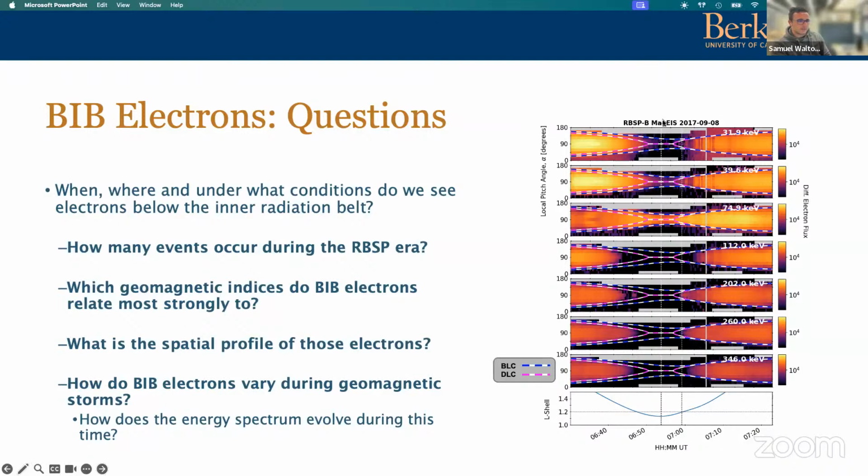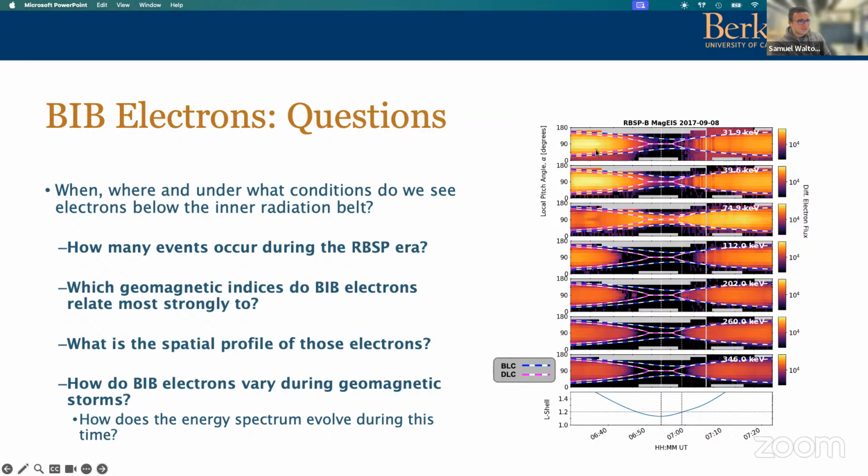That white dotted line is in the wrong place, but you can see the L shell dropping below L of 1.2, which for now I'm going with as the lower boundary of the inner radiation belt. I'll explain a bit more later. These dotted lines are supposed to be when the spacecraft drops below L of 1.2, but I got that wrong.